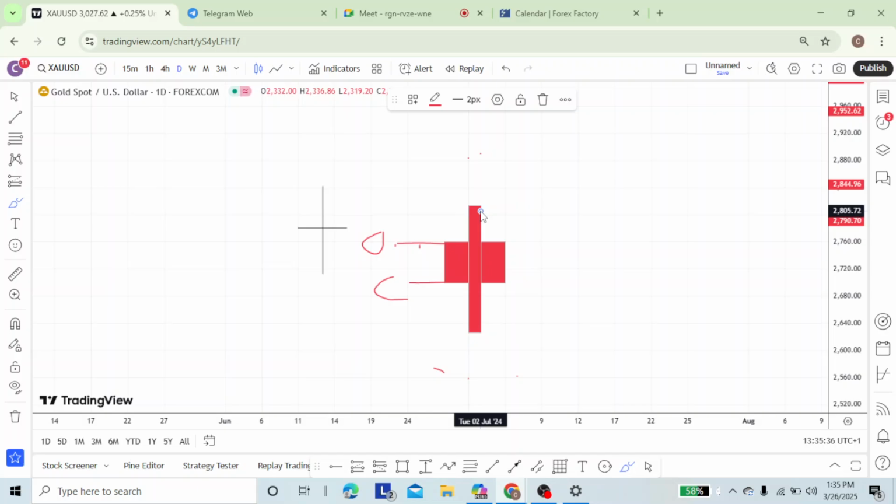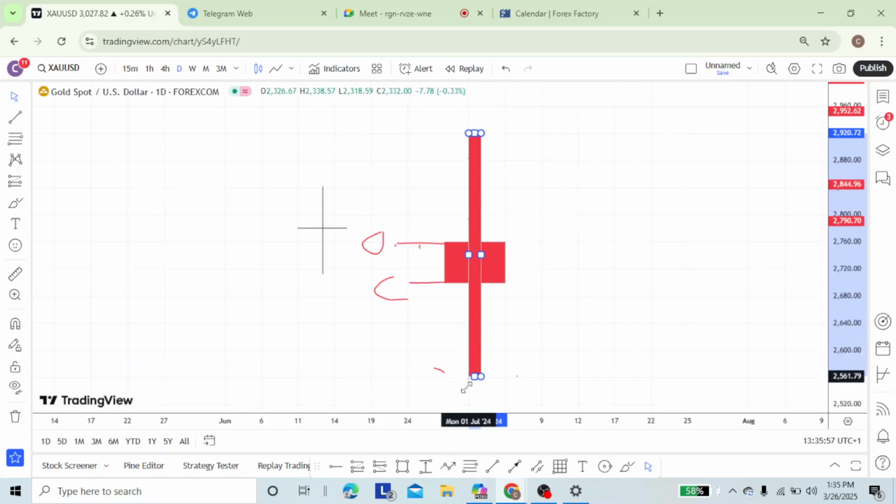And everything I taught you on Monday, you didn't even follow anything. If you call this a doji, I told you this is the open, this is the close, and I said if this bar here is too long than usual, what will it be called? If it's too long and at the bottom it is too long, I told you it's a high wave bar.